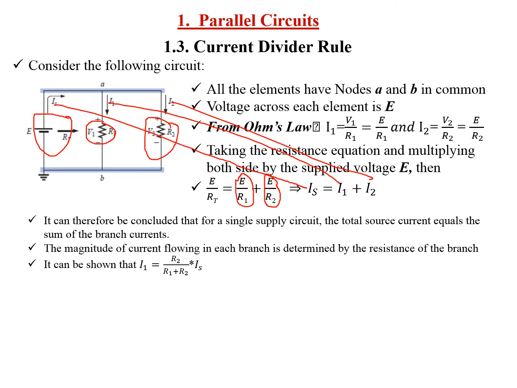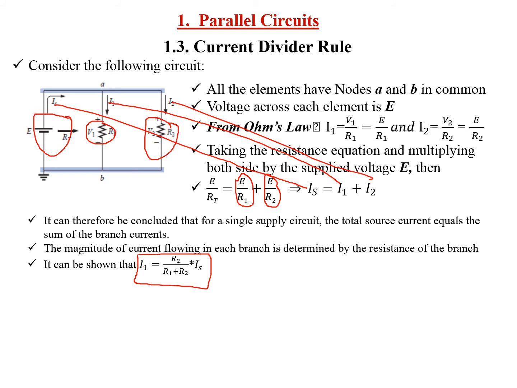And you can actually show that I1 can be evaluated as R2 over R1 plus R2 multiplied by IS. Anyway, I will not ask you to show the proof, but you can use that as the current divider rule for two resistors that are in parallel.